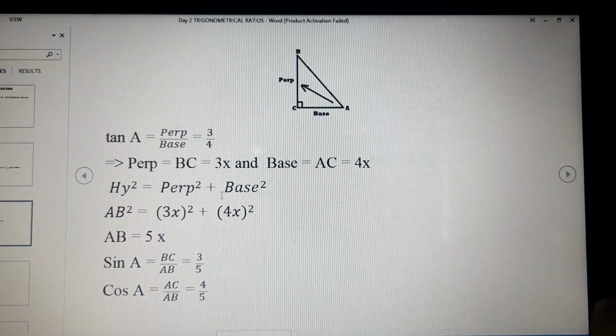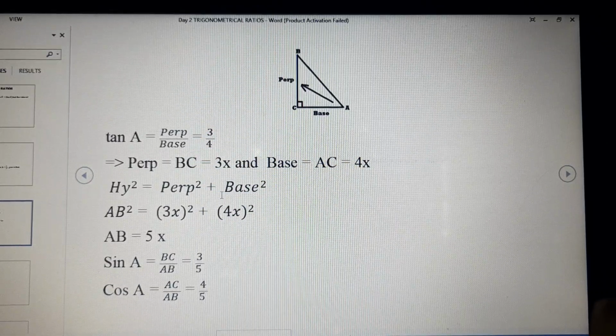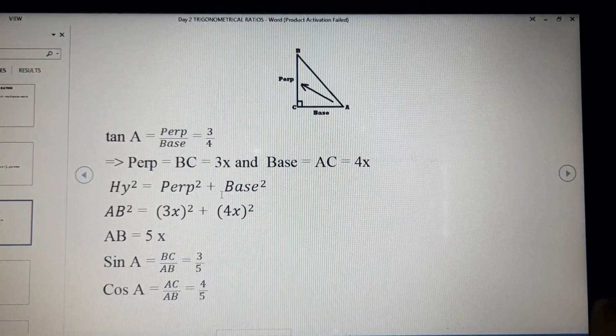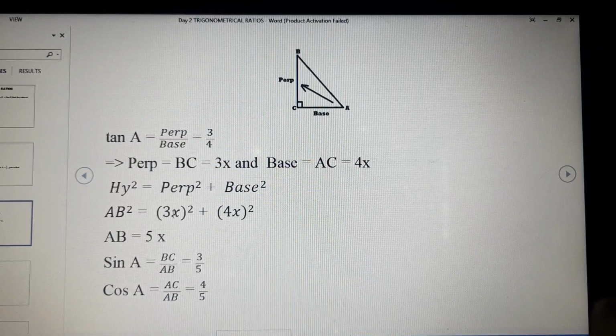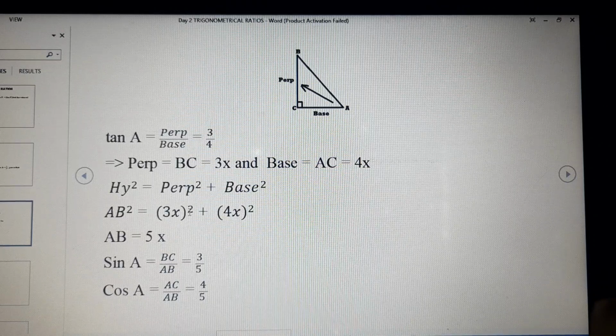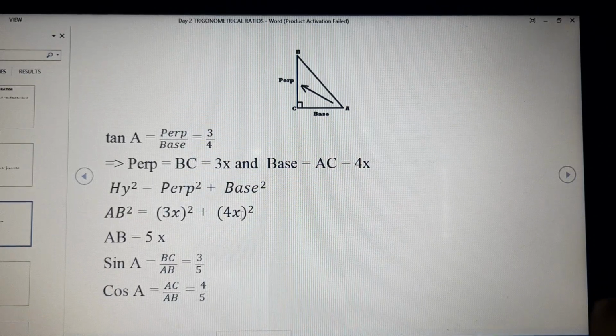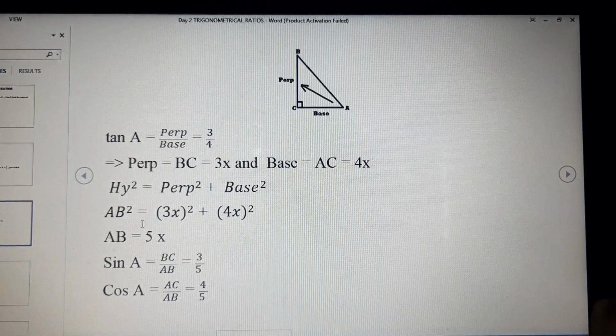With the help of Pythagoras theorem, we will calculate the length of AB in terms of x. Clear? So 3x squared plus 4x squared becomes 9x squared plus 16x squared, 25x squared, and when we calculate the square root, AB is equal to 5x. Clear?